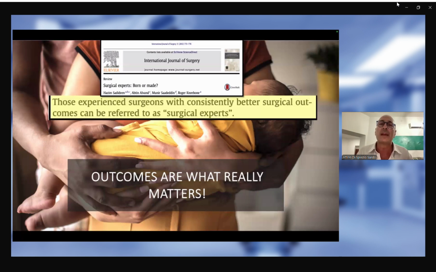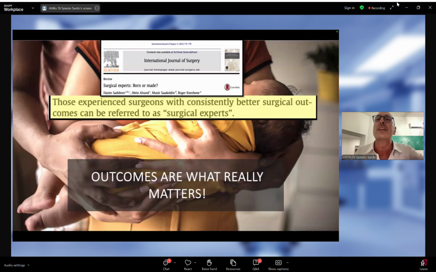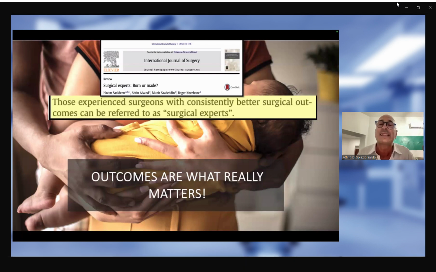And we surgeons always think that we are expert only when we do a lot of procedures, but it is not true. We are really surgical experts when, through our surgery, we are able to improve the reproductive outcomes, in this case of our lady.